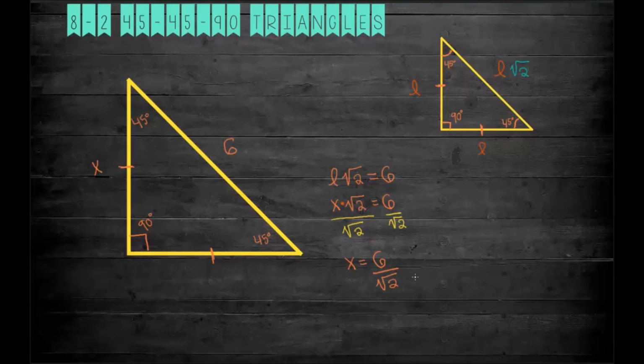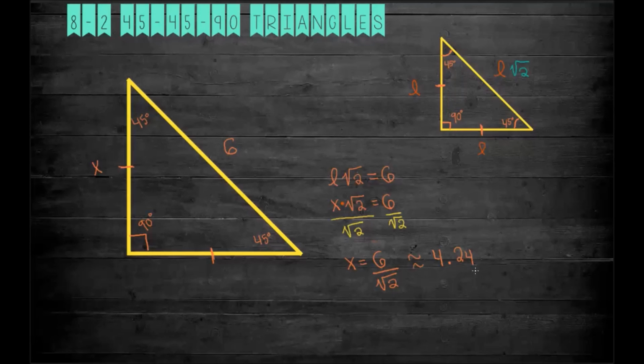And I am perfectly happy with you guys leaving your answer like this. Or we can use our calculator to get a decimal approximation. So this is also approximately equal to 4.24.